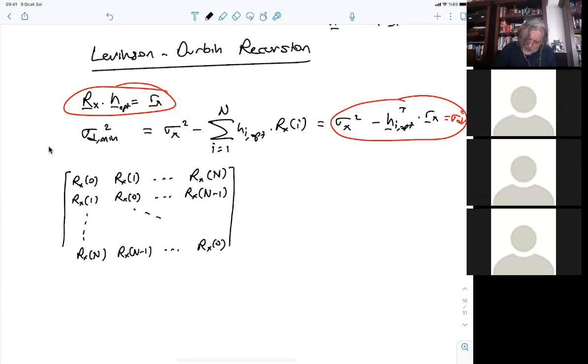I have a question, Professor. Excuse me? I have a question. What is that underlying thing? That's underlying Rx. Underline means it's a vector or a matrix. For example, here, h optimum with an underline means this is an h vector.